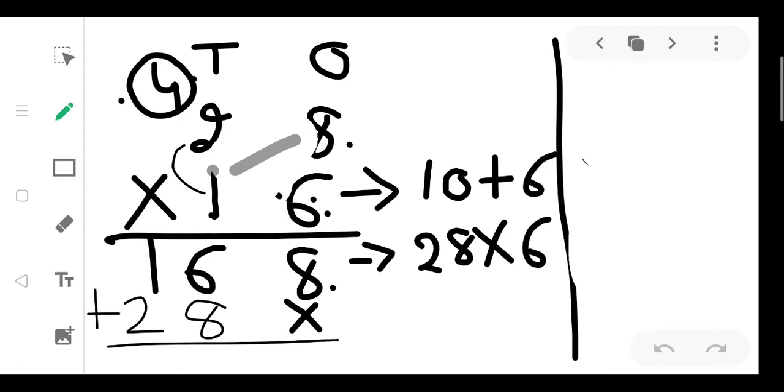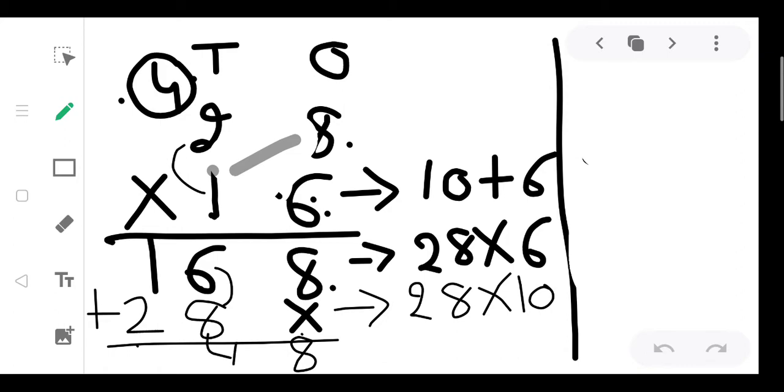Now you will add these two digits. This is the answer of 28 multiplied by 10, and that is 280. At ones place we have put here the sign of multiplication. Now we will add it. 8 plus nothing, it is 8. 6 plus 8 is 14, 1 was carry. 2 and 1 is 3, plus 1 is 4.